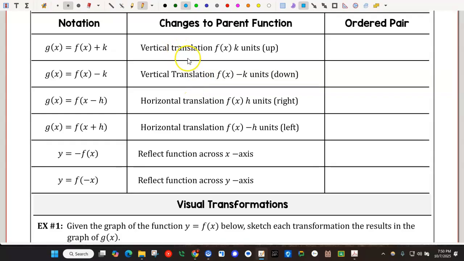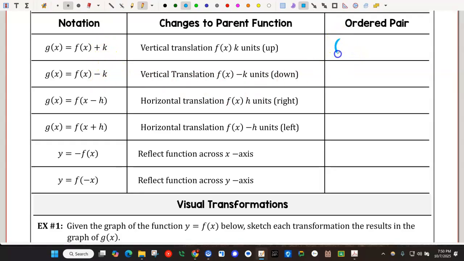And there are three types of rigid transformations: translations, reflections, and rotations. We're not going to have any rotations here. We're only going to have translations and reflections. So just a little reminder that if we take any function and we just add or subtract a number to it, it just moves that function up and down.